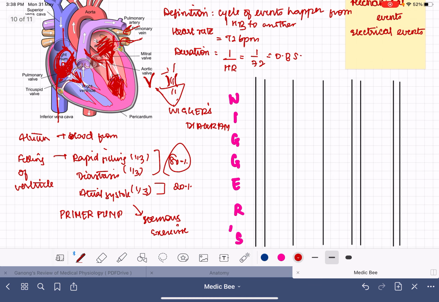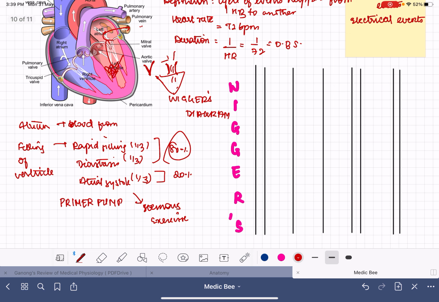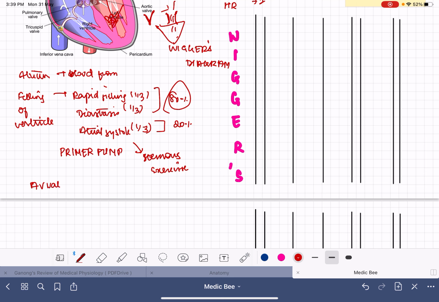So the blood from the atrium is filling into the ventricles. Whatever blood was coming into the atrium has now entered the ventricles. As the blood accumulates in the ventricles, the AV valves, that is the tricuspid and the bicuspid valves, which were open, will now close, because the ventricular pressure is rising.